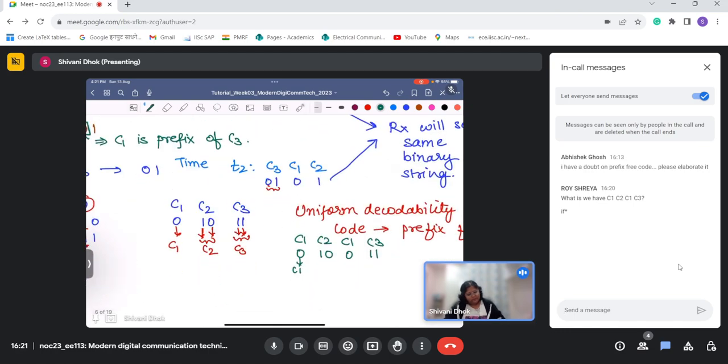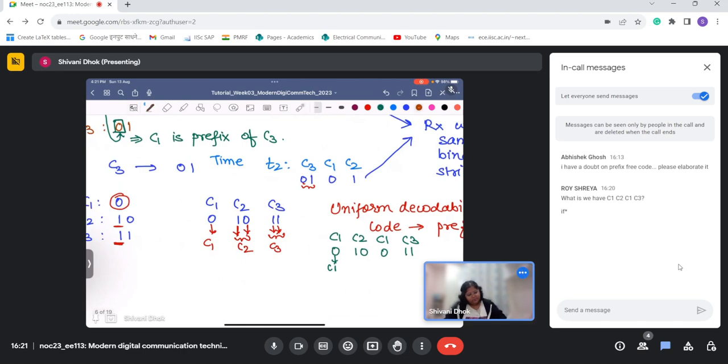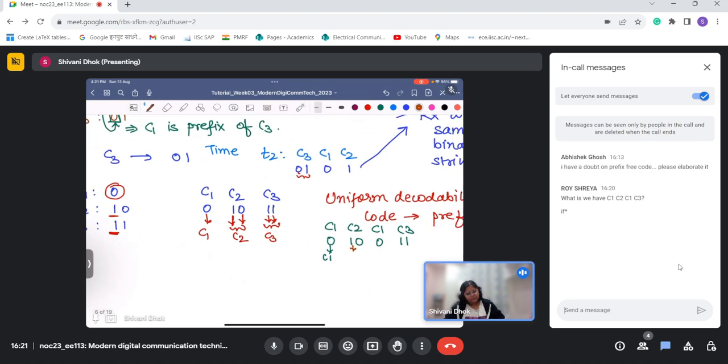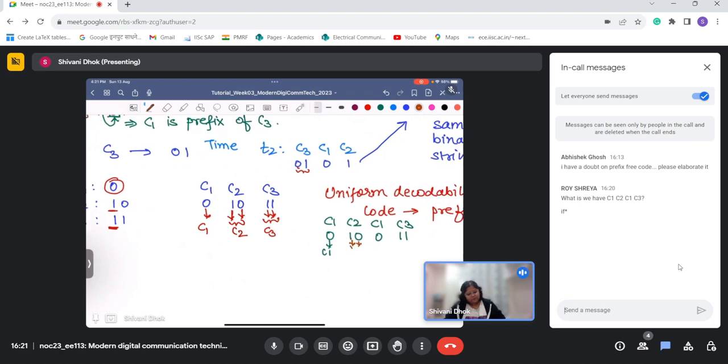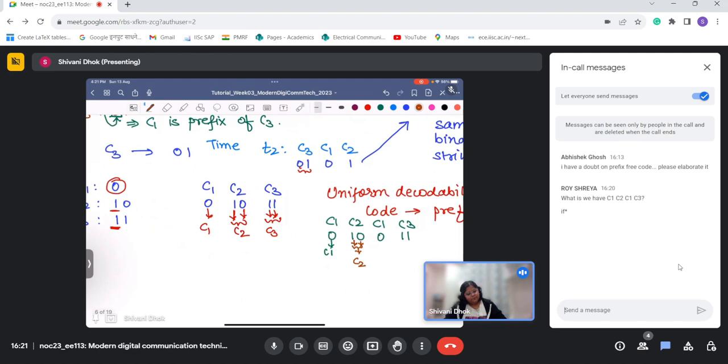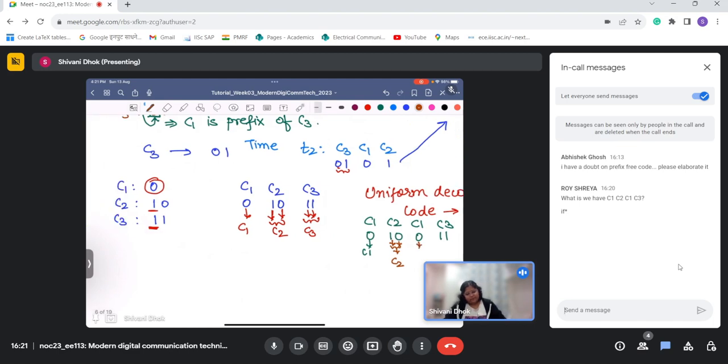Then it will go to the next bit. It sees a 1. Now again, 1 is not a symbol here. So then it will go to the next bit. It will look at both of these and see if there is any symbol like this. Yes, there is a symbol which is C2. Then it will go to the fourth bit. It is 0. Again, there is only one code word which corresponds to 0.